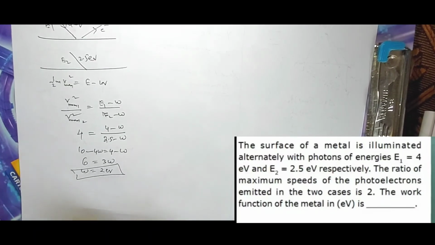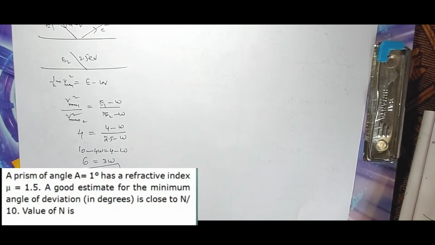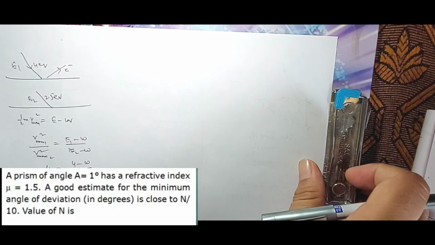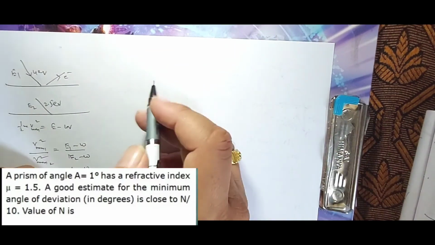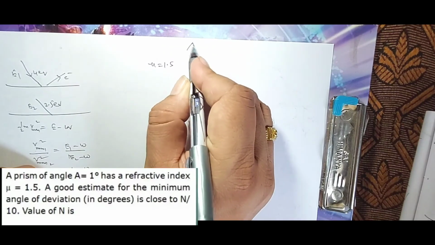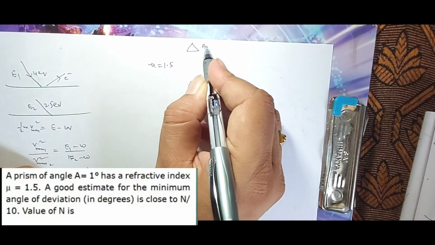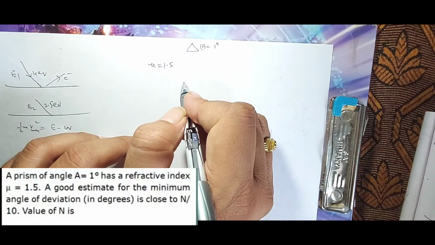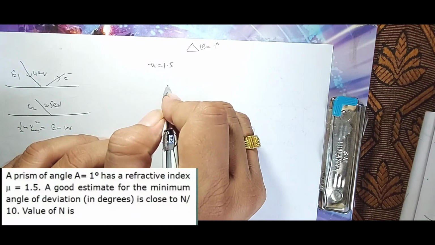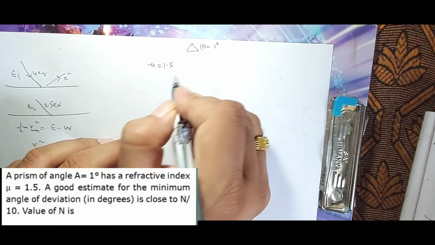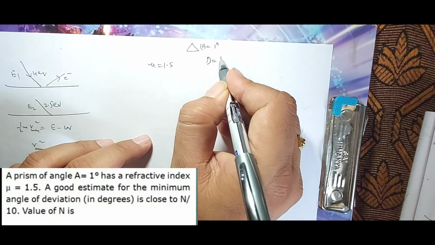Okay, next question. A prism of angle A equal to 1 degree has refractive index mu equal to 1.5. That means this is a small angle prism. The minimum angle of deviation is close to n by 10, that means d is equal to n by 10.